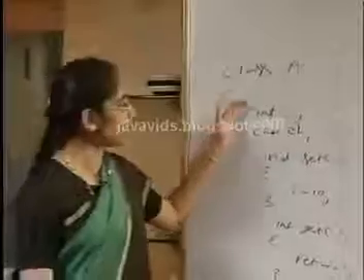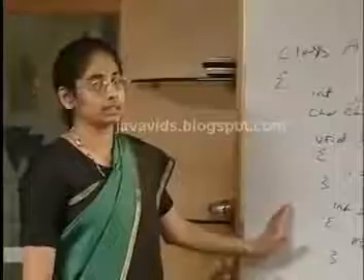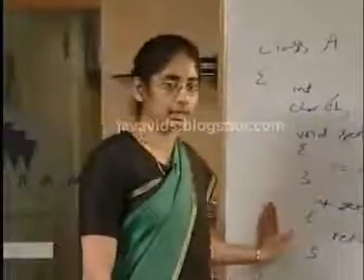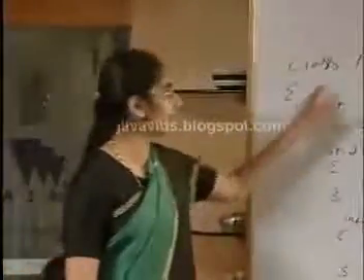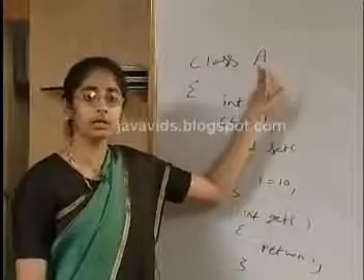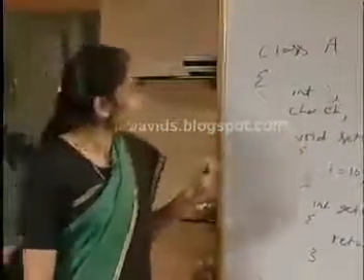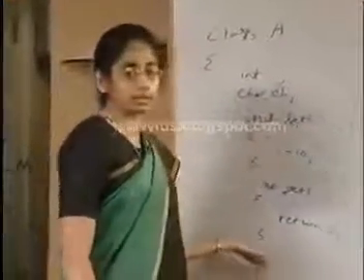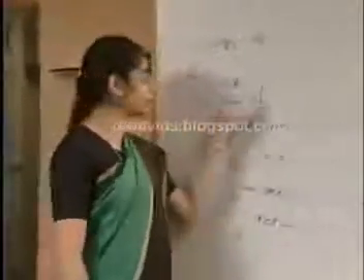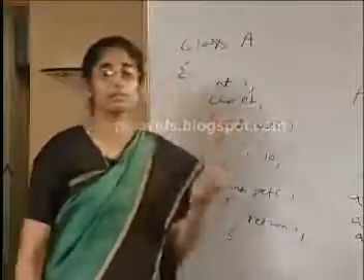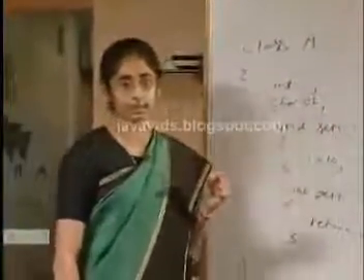Now apart from the variables and the methods that you define in a class, you also have something called constructors in a class. Constructors always have the same name as the class name, and they do not have a return type, unlike a method. Why do we need to write the constructor? Constructors are written generally to initialize the members of the class or do something at that particular instance when you create an object of a class.